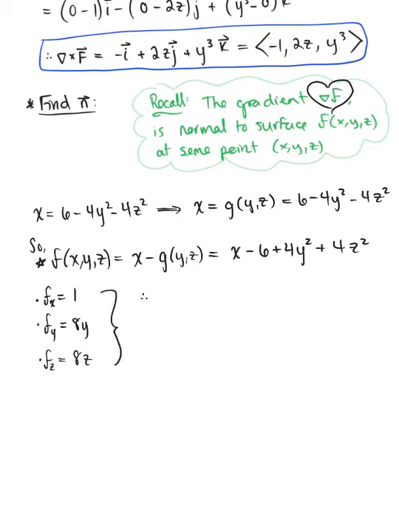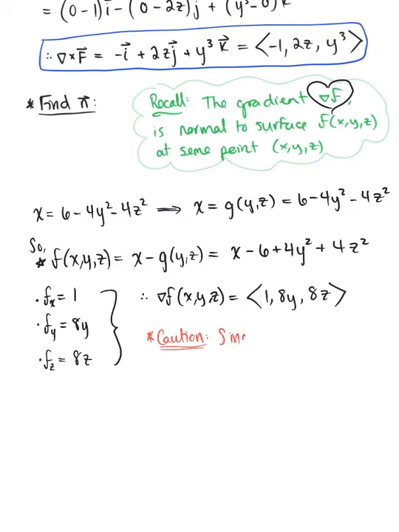So therefore, the gradient of this surface is defined as the vector with components 1, 8y, 8z. But you want to exercise caution here. We want to keep in mind the orientation of the surface.